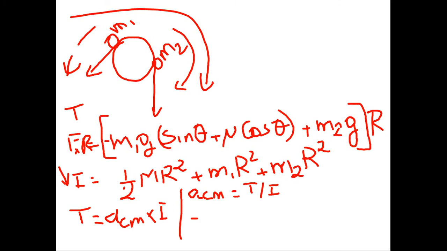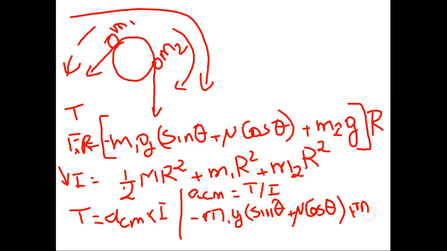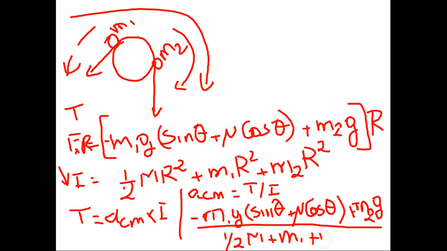So the angular acceleration will be M1 g sine theta plus mu cos theta, plus M2 g, divided by, factorizing R squared, R times half of M plus M1 plus M2.